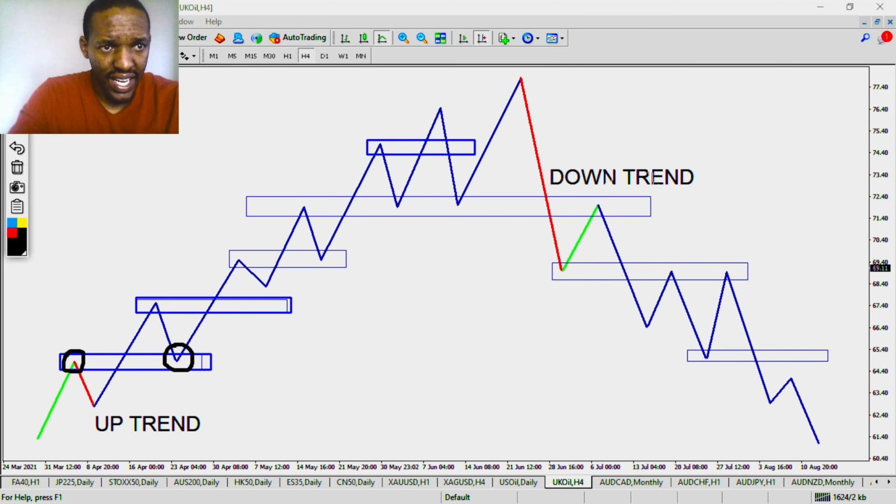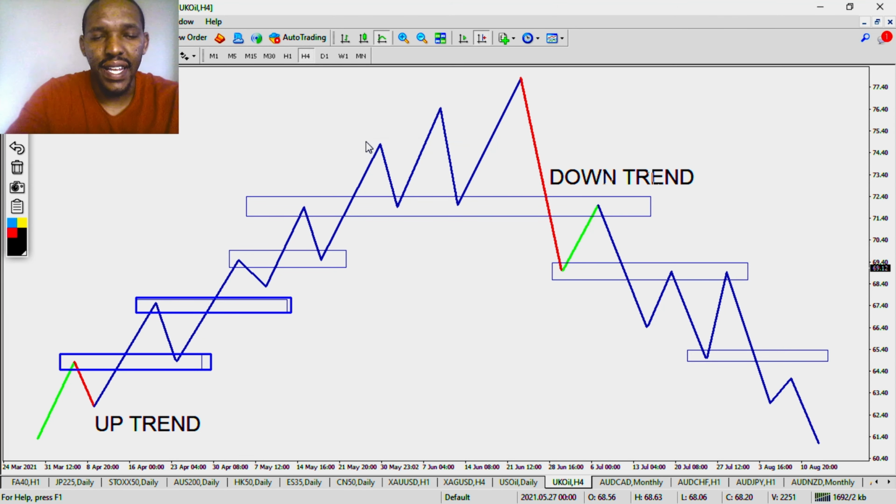Okay, guys, and then we're gonna move on to the deep pullback. What makes a deep pullback? Just give me a sec. Hold on. Let's remove that. Okay, what makes a deep pullback?